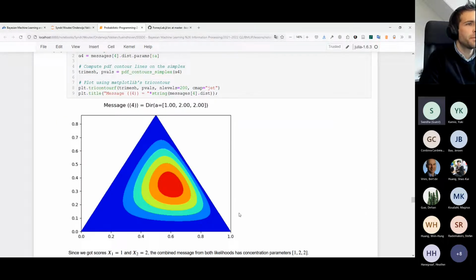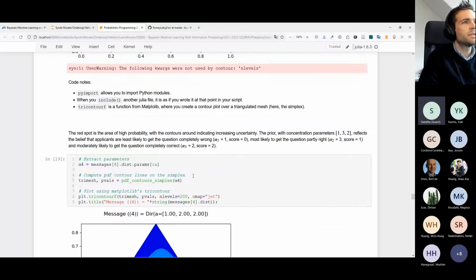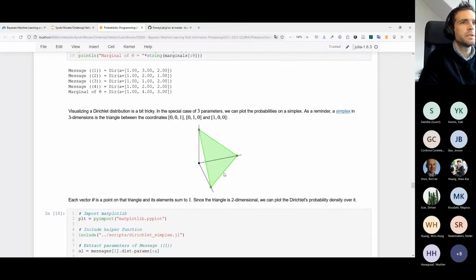So could you explain this a bit more, or how the parameters for alpha affect it? And I could not understand what the x and y axis of the graph were. Right. Yeah. So that's a bit difficult to visualize.